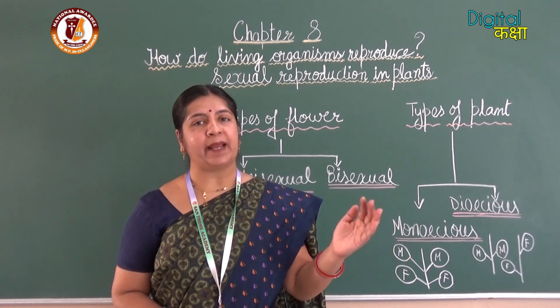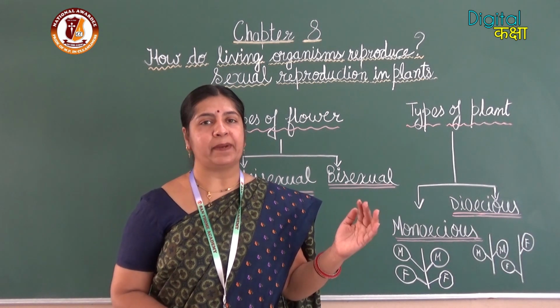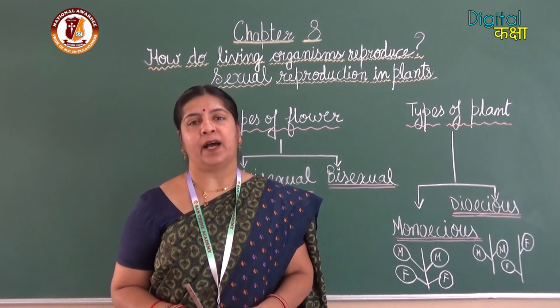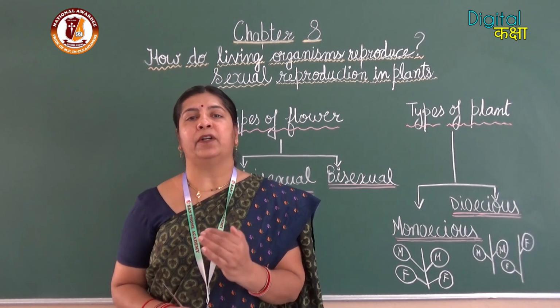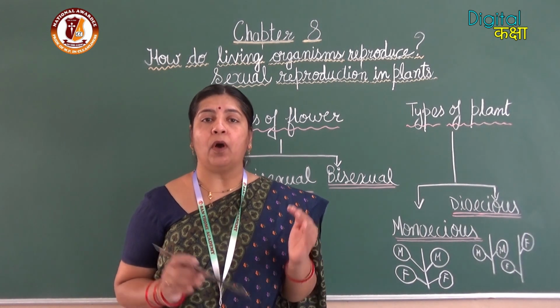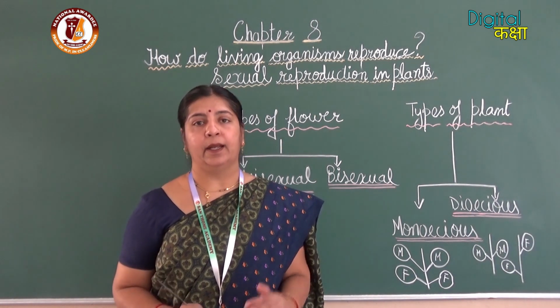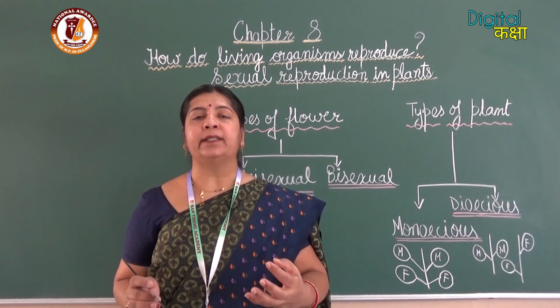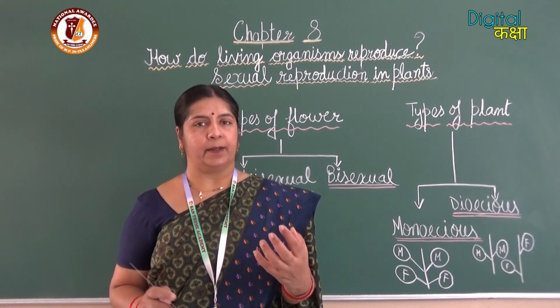A plant can have a male flower or a female flower, or a plant may have both the unisexual flowers, that is, male flowers and female flowers on the same plant. So now we are studying the plants and what type of flowers they bear.